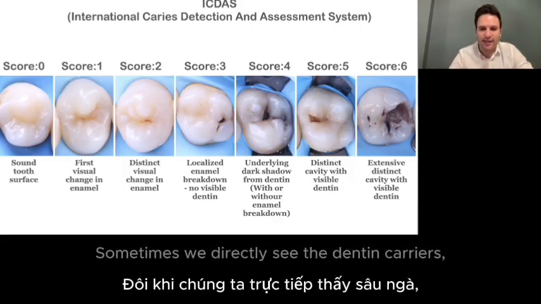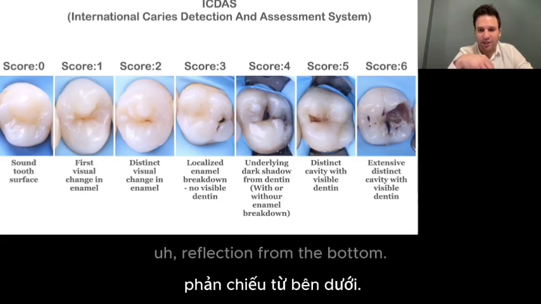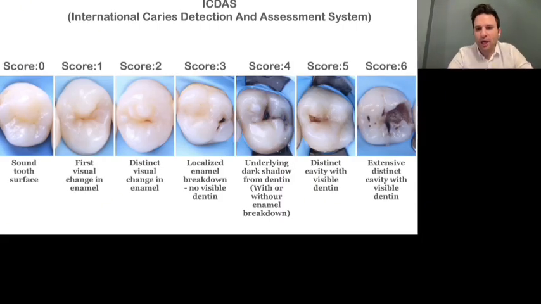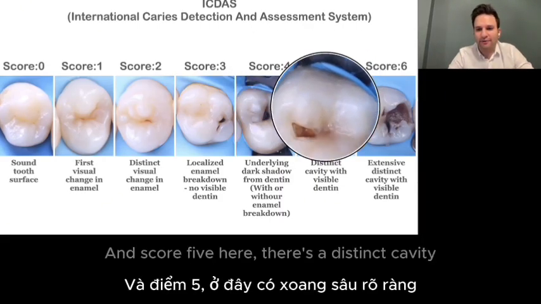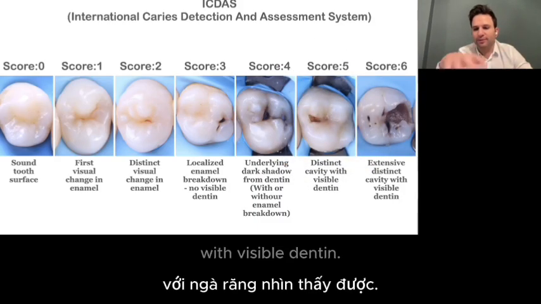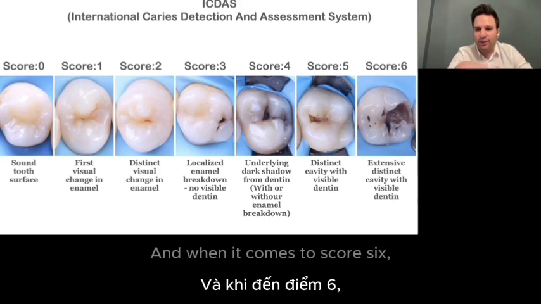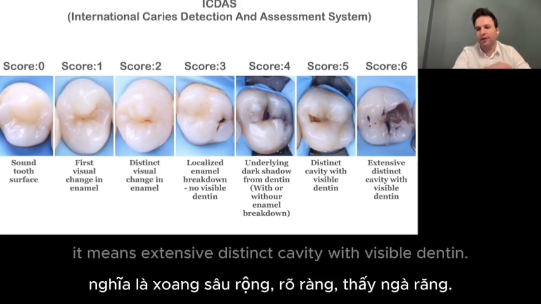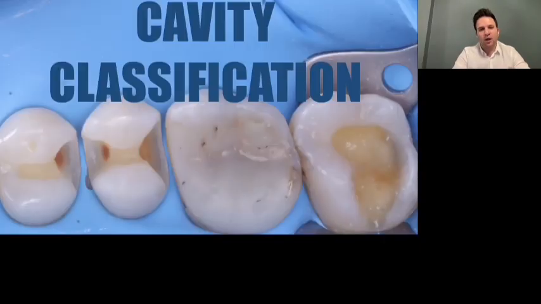Sometimes we directly see the dentin caries reflection from the bottom. Score 5 is a distinct cavity with visible dentin. And score 6 means an extensive distinct cavity with visible dentin.